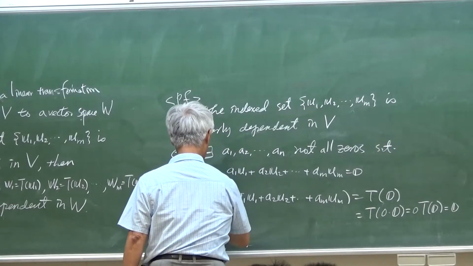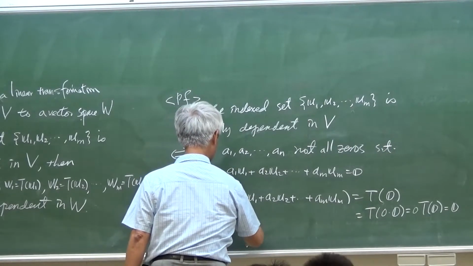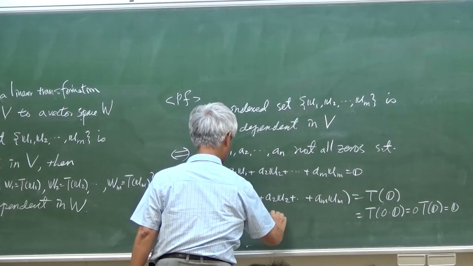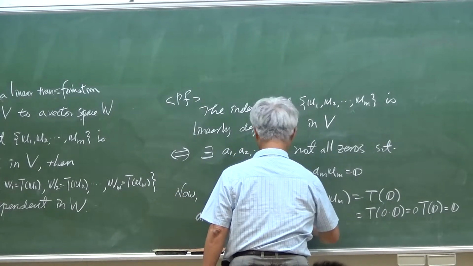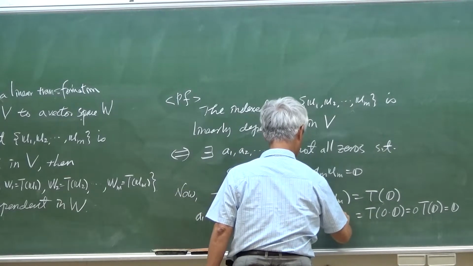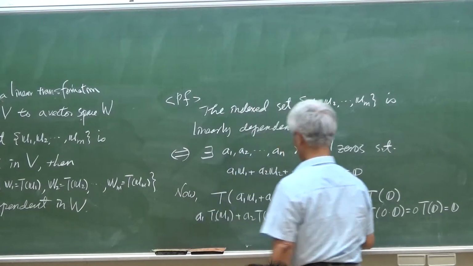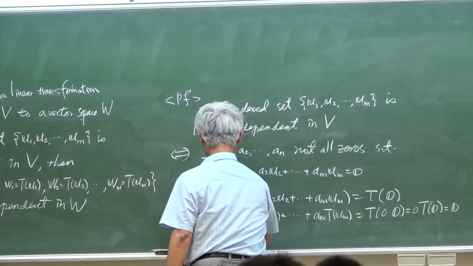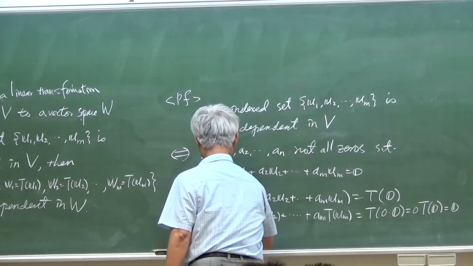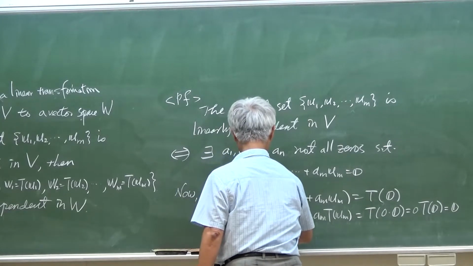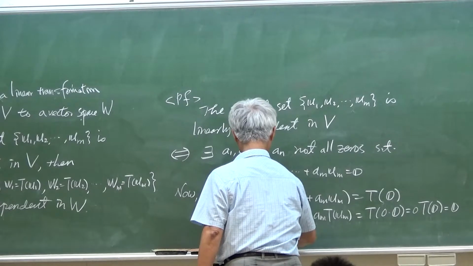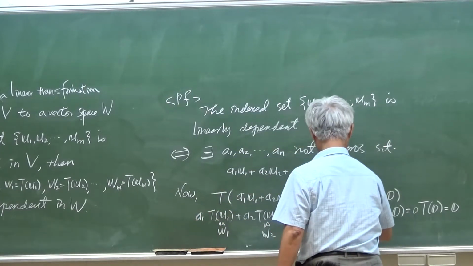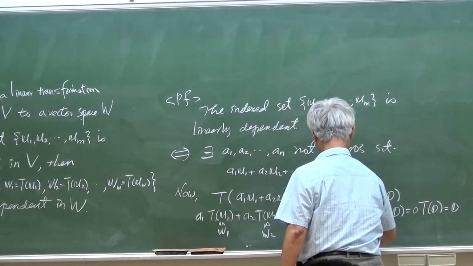So we have T(U1), which we define as W1, T(U2) as W2, and T(Um) as Wm.